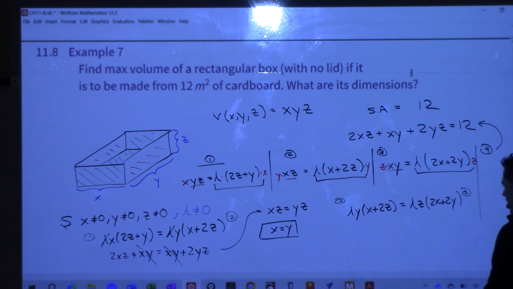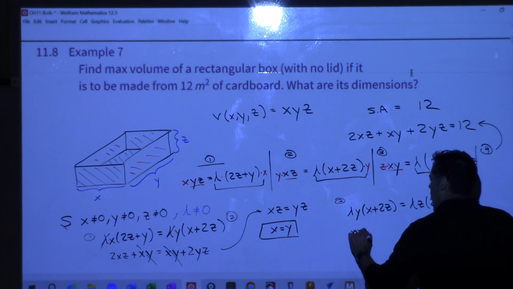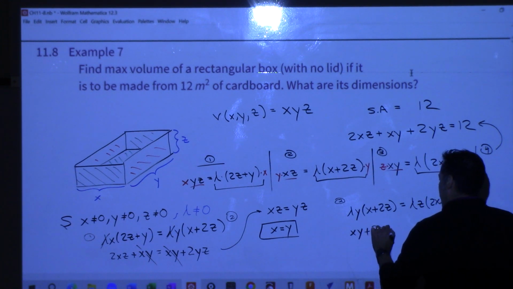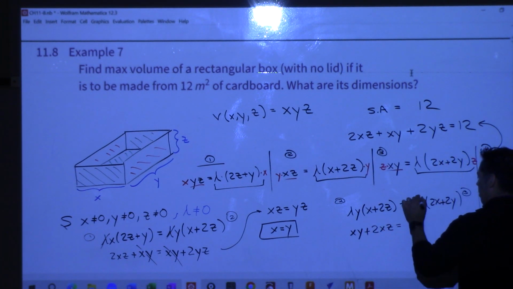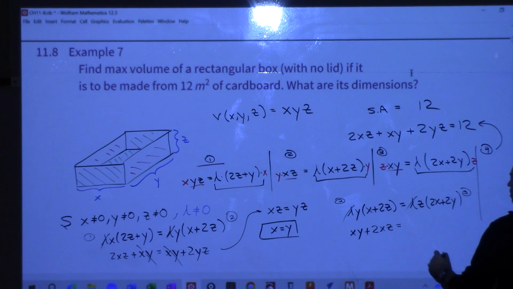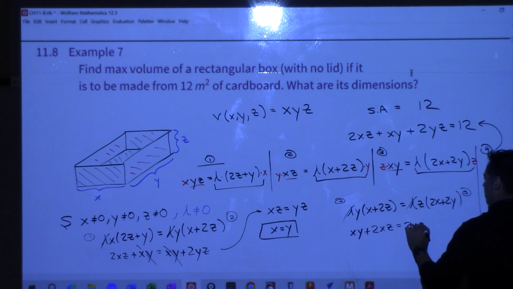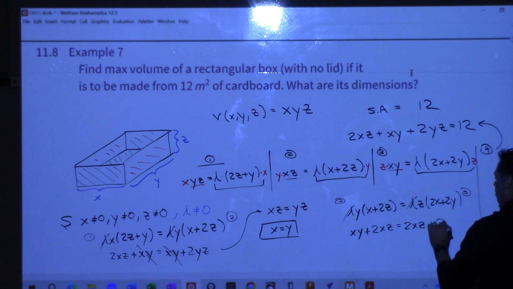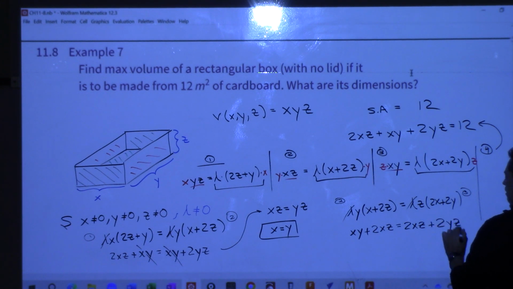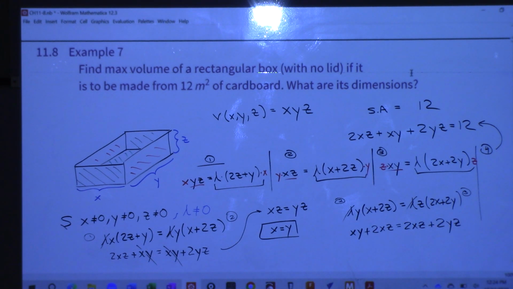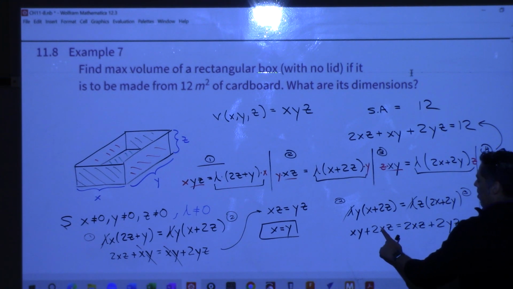Kill the lambdas off. xy plus 2xz equals 2xz plus 2yz. The first one would be 2yz, not 2xz. Which one? You said xy plus 2xz, when you distributed the y. Oh, right here. Yes, thank you.